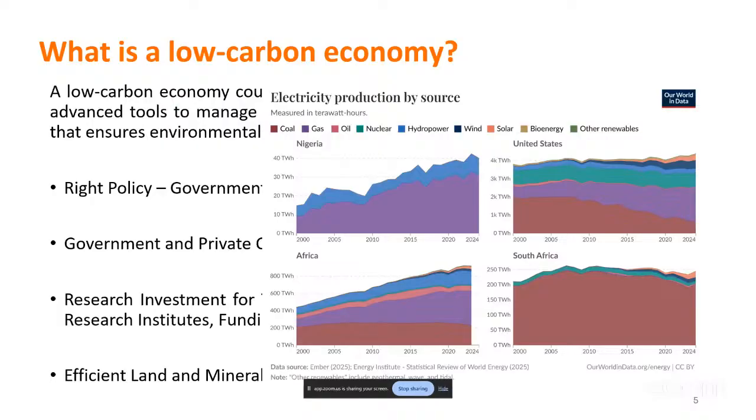So it's going to continue increasing. Whether it increases towards a low carbon economy as a continent is dependent on how diversified that portfolio is and how it can take out fossil fuels slowly, replacing them with cleaner sources of energy.